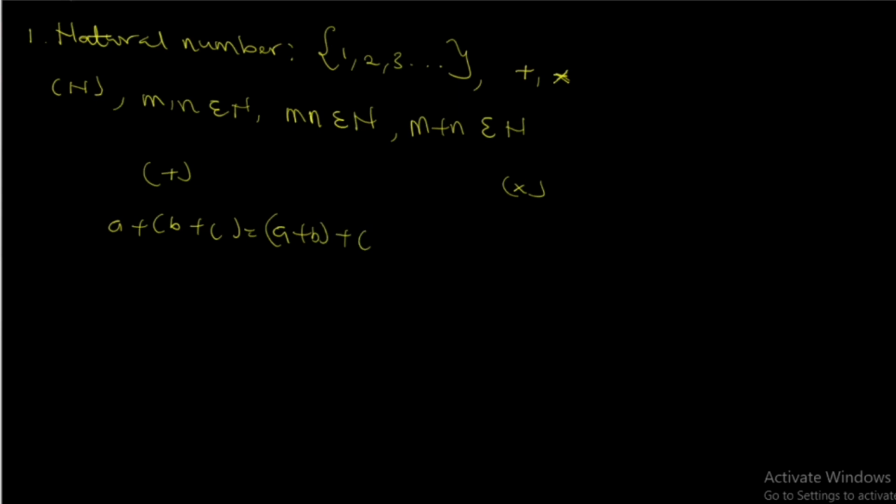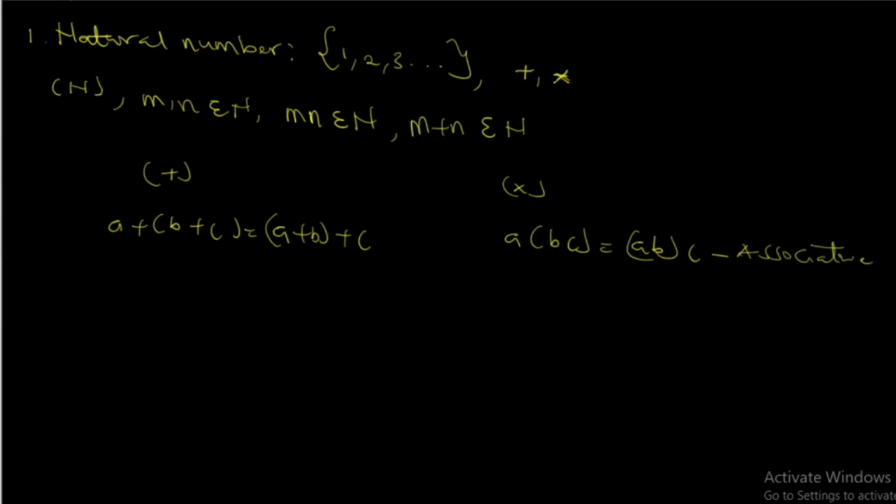With this, you can prove it with numbers. If they ask you to prove this, you can take any of the natural numbers and actually you're going to get the same answer. And for the multiplication, we have that a(bc) is also equal to (ab)c. And this is what? The associative property.